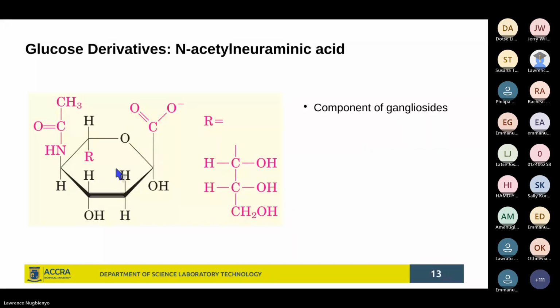N-acetylneuraminic acid is a component of some glycolipids, which we refer to as gangliosides. So you have N-acetylneuraminic acid, which will form a complex with some other lipids. And this you find in the membrane of many nerve cells.